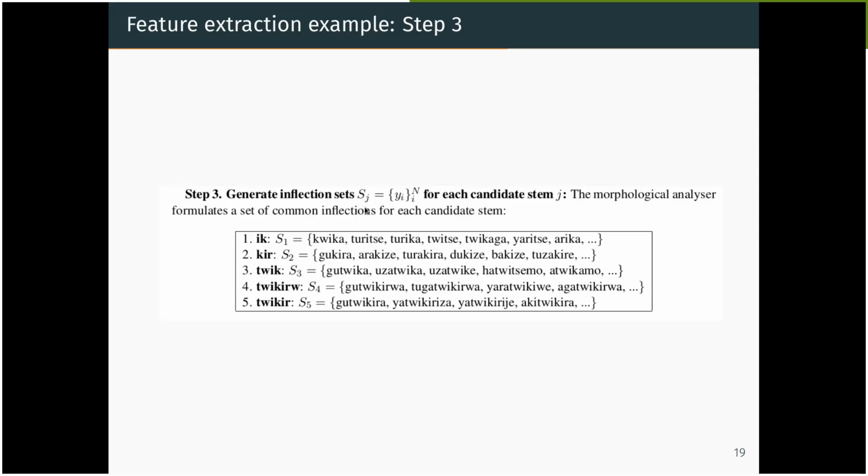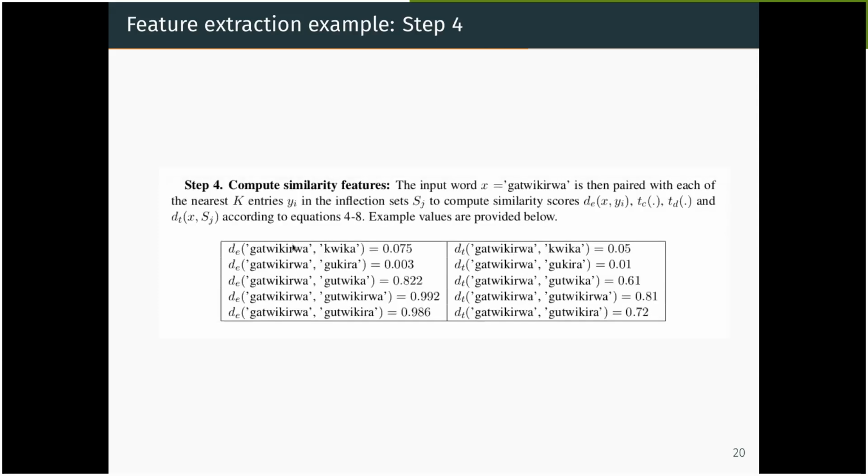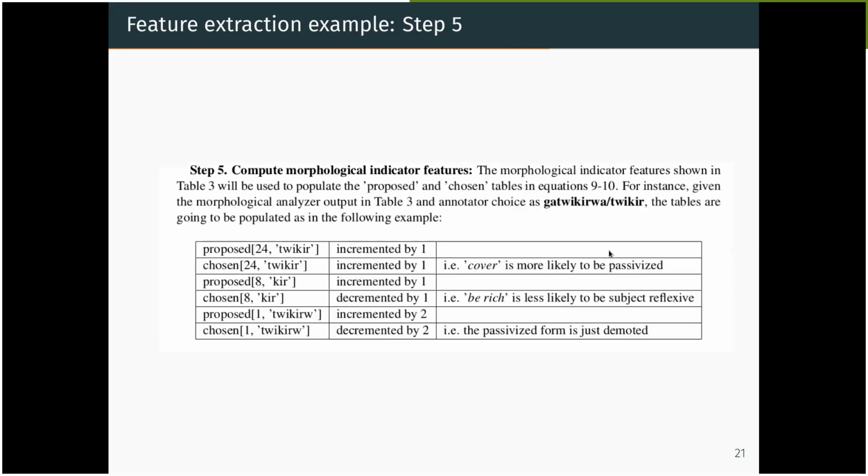So you measure a score, using some equations that we put in the paper, which expresses the similarity between the input and other inflections in the same target group. So you get these as features, and you also measure the similarity based on the frequencies of the word in a corpus.